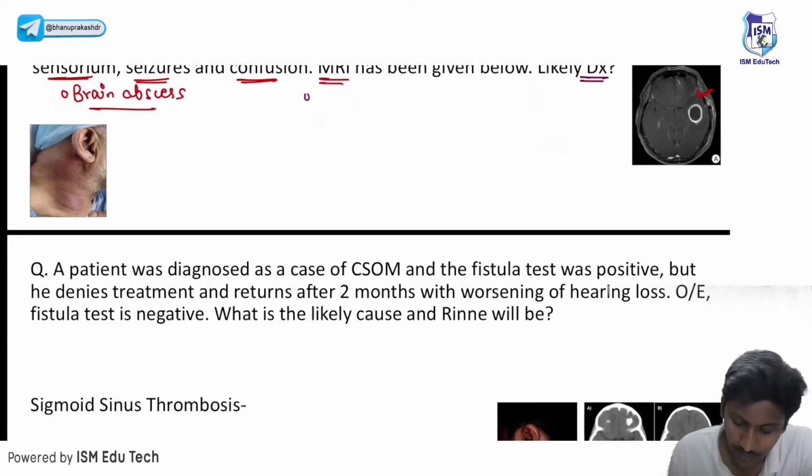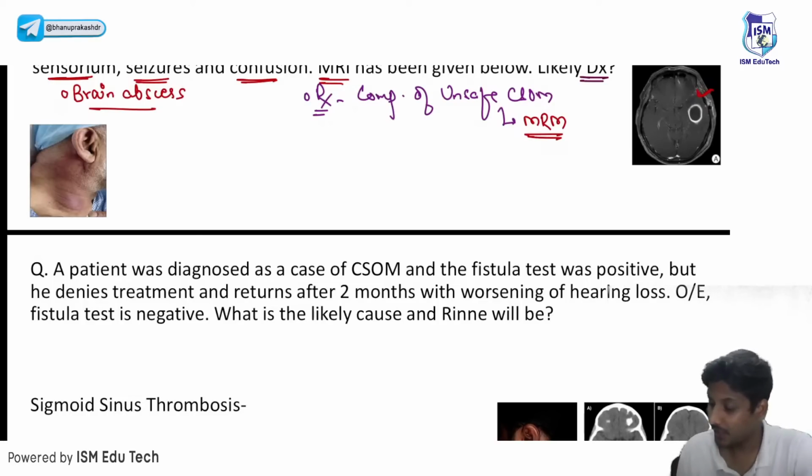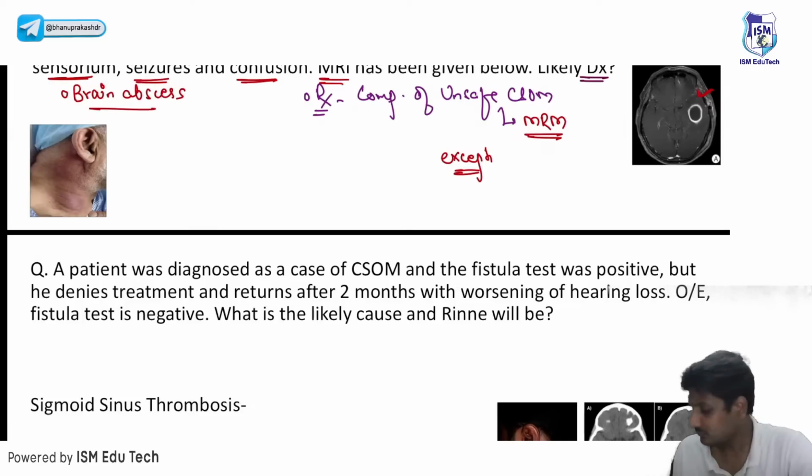Please remember. So, treatment of the complications of unsafe CSOM. If they ask you what is the treatment of complications of unsafe CSOM, for all of the complications the treatment is usually MRM itself, that is modified radical mastoidectomy. It is the same except for two conditions. Which are these two conditions where an ENT surgeon cannot operate?